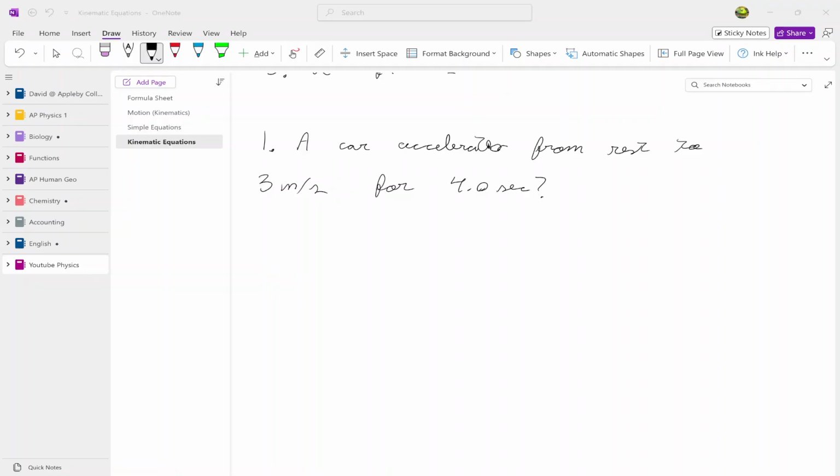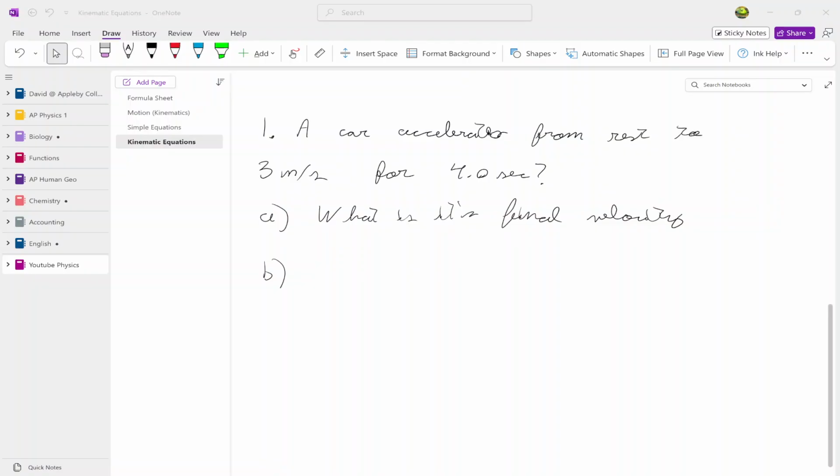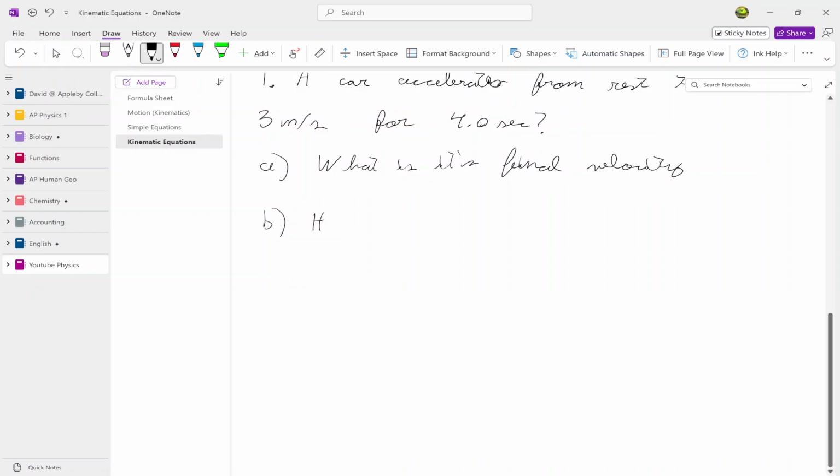All right. So A, what is its final velocity? And B, what's the other factor? Oh yeah, how far did it travel?